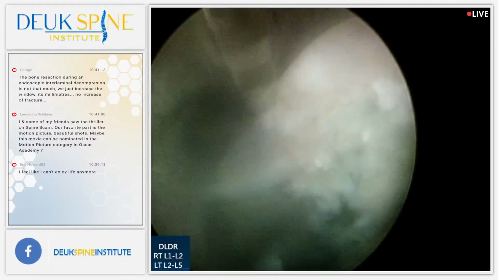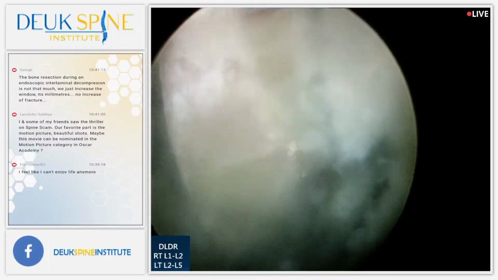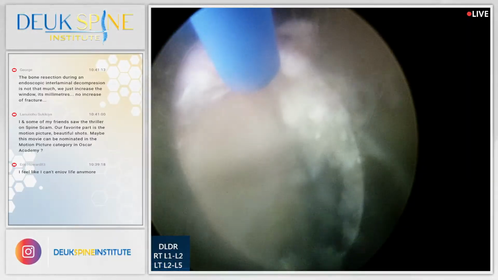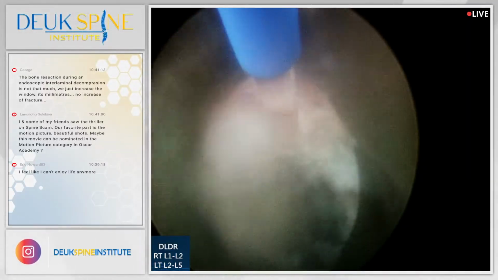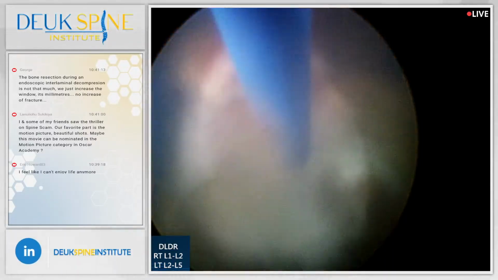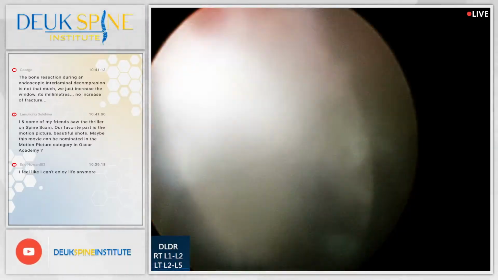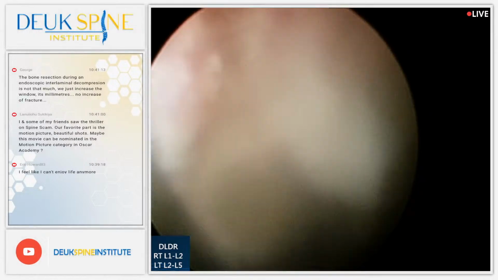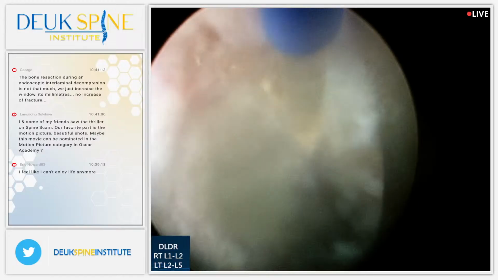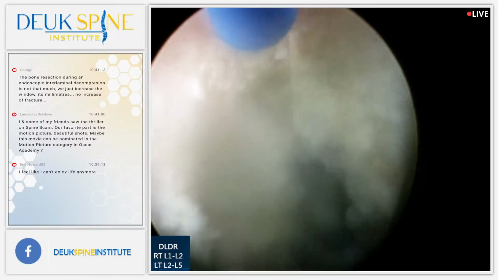But what we have to do is what's called a transition. We have to start training other surgeons to do this procedure. We have to make a transition from what's being done now into this procedure that we're doing at Duke Spine for the last 19 years that I pioneered. If we can make that transition successfully happen, then we can get rid of 98% of spinal fusions that are being done, and we can have people get better results with their surgery and have safer surgery that doesn't have complications.